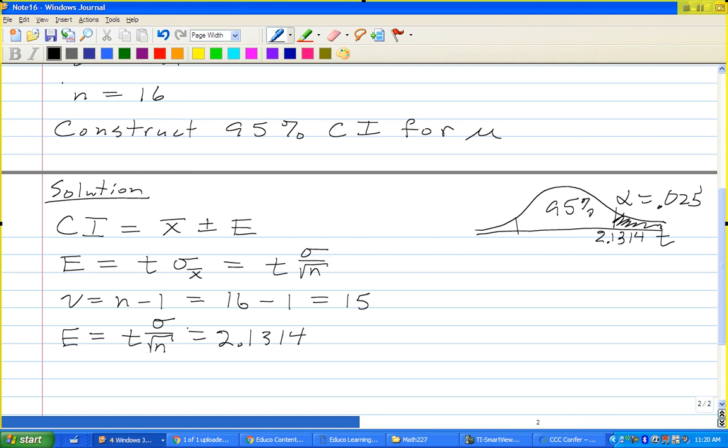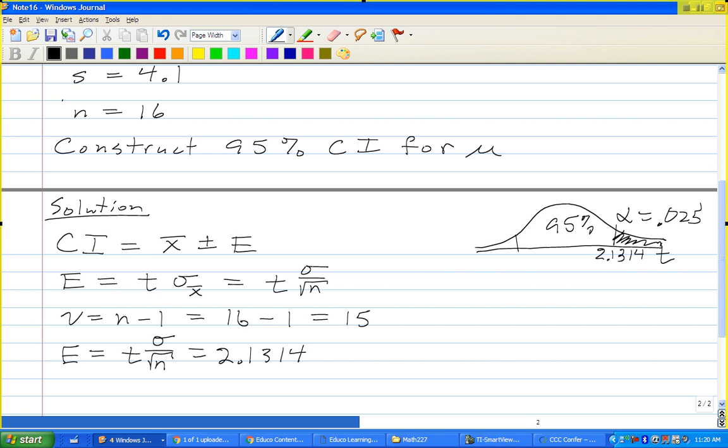I don't know sigma, but I can approximate sigma by my sample standard deviation. So I had that the sample standard deviation is 4.1 over the square root of 16. Let's multiply that out. Multiplying 2.1314 by 4.1 over the square root of 16, you get 2.184685.